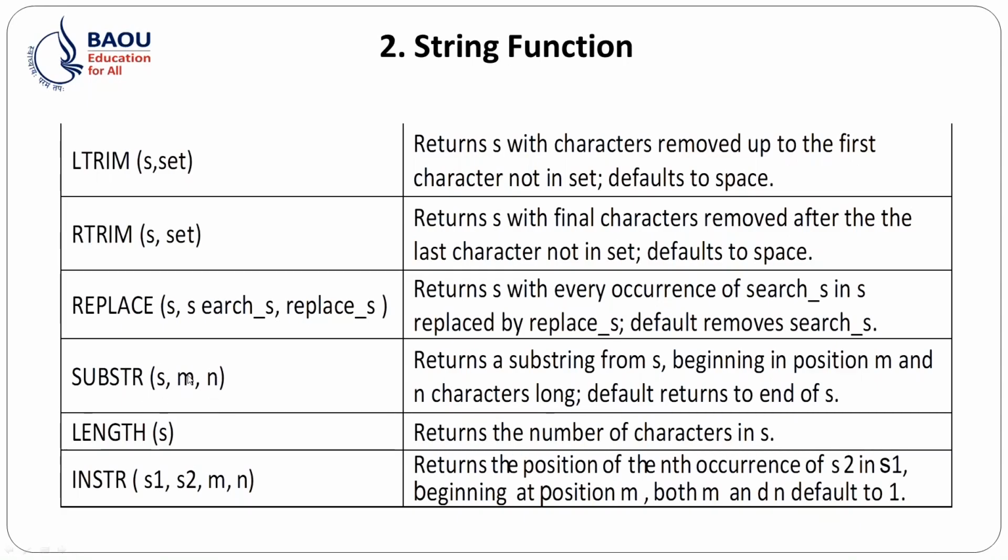It finds a substring from the string. LENGTH gives the number of characters of the string, and INSTR returns the position of the nth occurrence of S2 in S1, beginning at the given position. It returns the position.